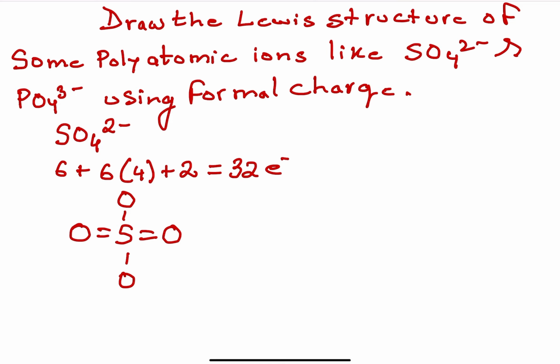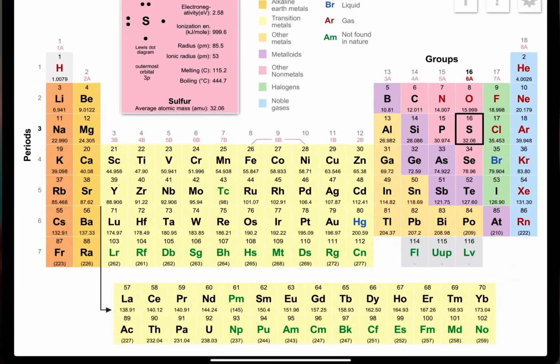Now let's count the number of electrons. 1 2 3 4, 1 2 3 4, here 1 2 3 4 5 6, and at the top 1 2 3 4 5 6. Here you'll see that sulfur has two double bonds and two single bonds. That means it has more than 8 electrons.